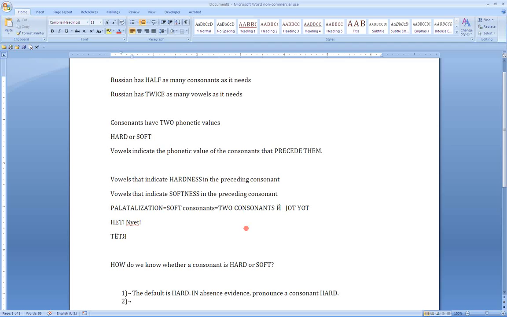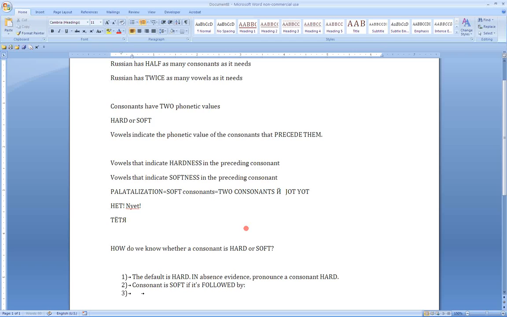The consonant is soft if it's followed by, and we're going to have two little rules here, the consonant is soft if it's followed by a soft sign.